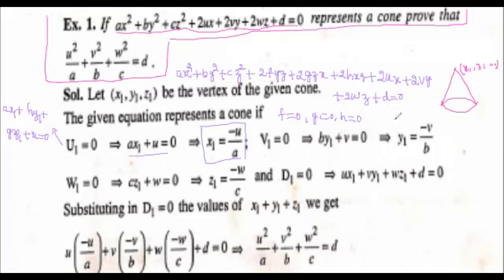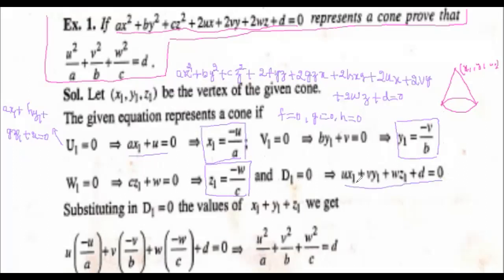When you consider v1, the other conditions, four conditions are there: u1 is 0, v1 is 0. So what is y1? Y1 is equal to minus v by b. And similarly, z1 is given by minus w by c. And d1 is 0. What is d1? ux1 plus vy1 plus wz1 plus d equal to 0.